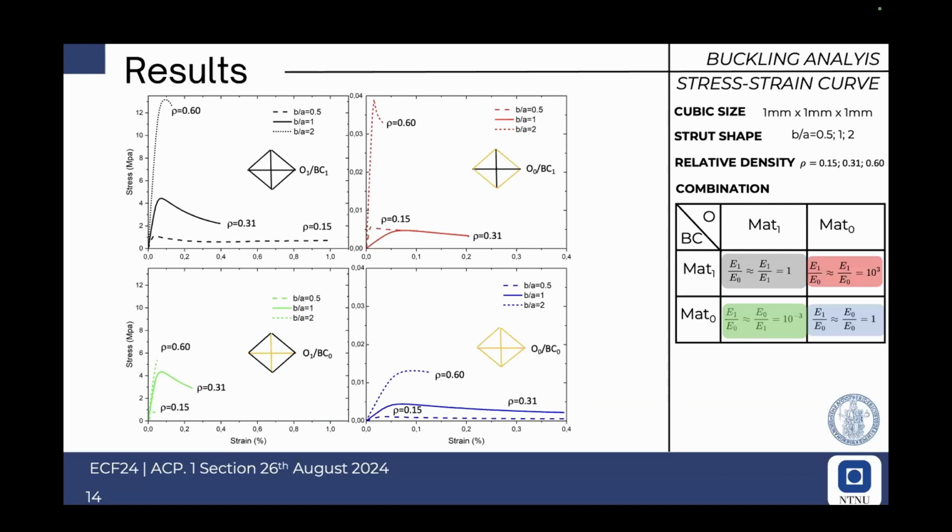We can also observe that if we go from the curve in black to the curve in red, degrading the octet so that it becomes softer, the overall performance of the BCO structure is worse.